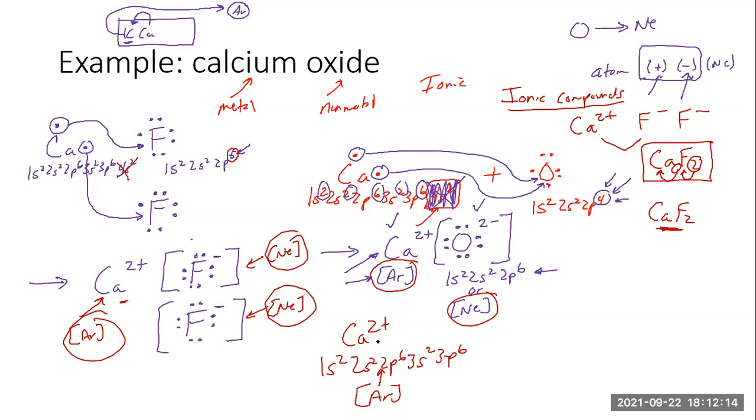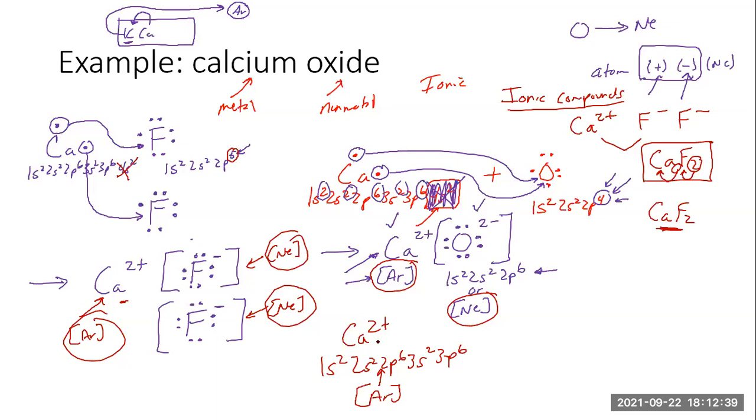So the noble gas doesn't change, right, Professor? Yeah, so the calcium, for example, and the fluorine are not changing. They're just gaining and losing electrons. But what it is doing to itself is becoming more like the noble gas, becoming exactly the same in terms of electrons as the noble gas.